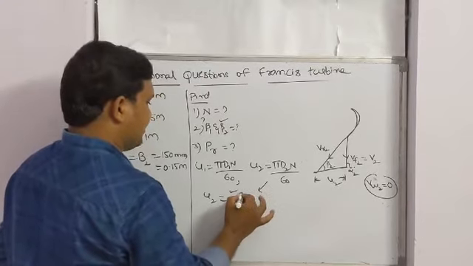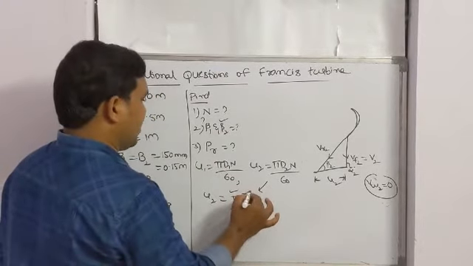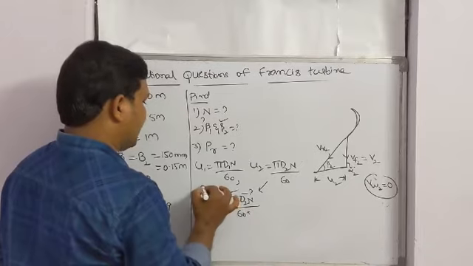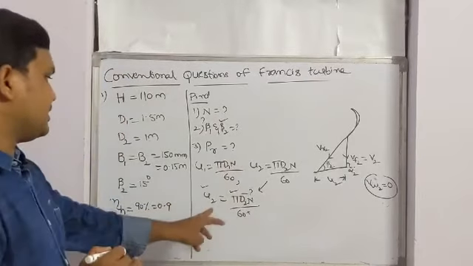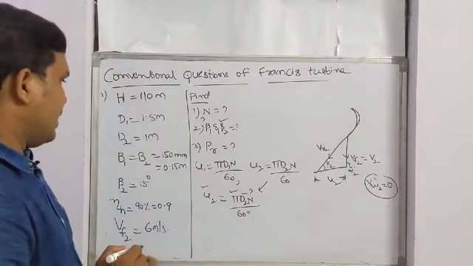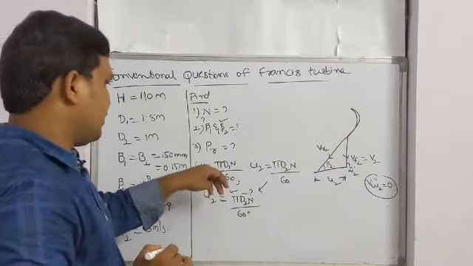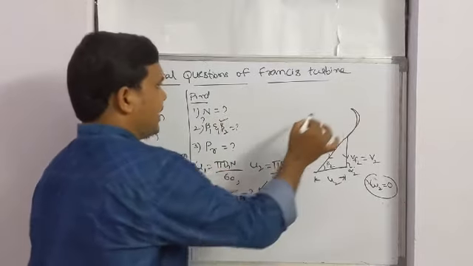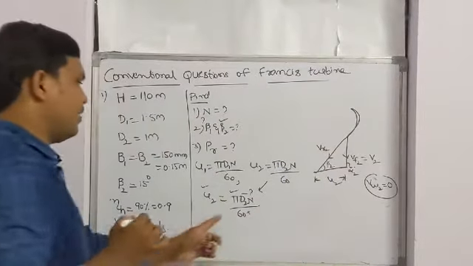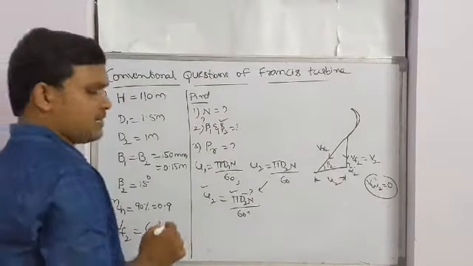Pi is a constant, D2 is given, N we have to find out, 60 is a constant. If you know U2, we can easily find N. Otherwise you can follow U1 equals pi D1 N by 60, but to find U1 we should know the velocity triangle. So I will follow the exit velocity triangle.